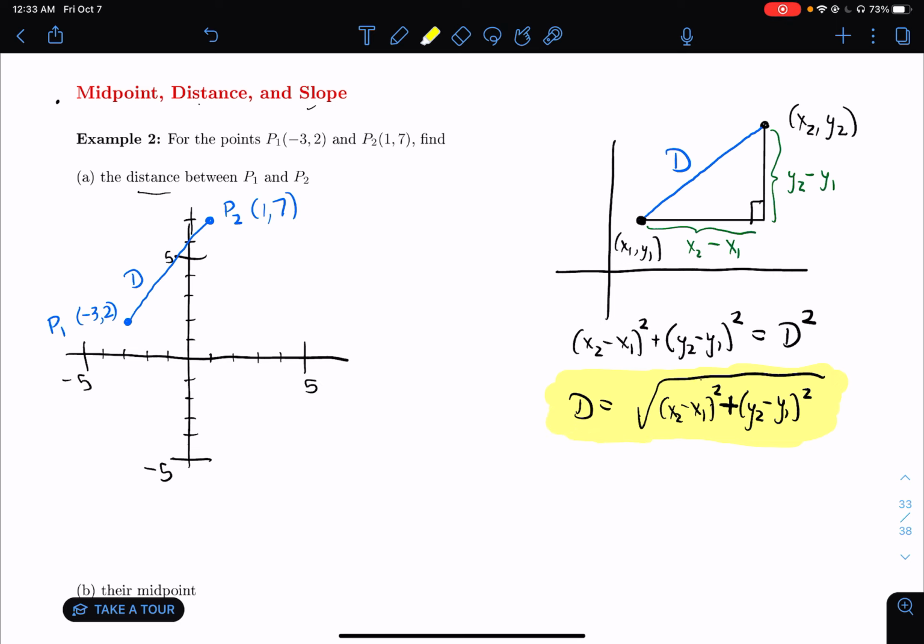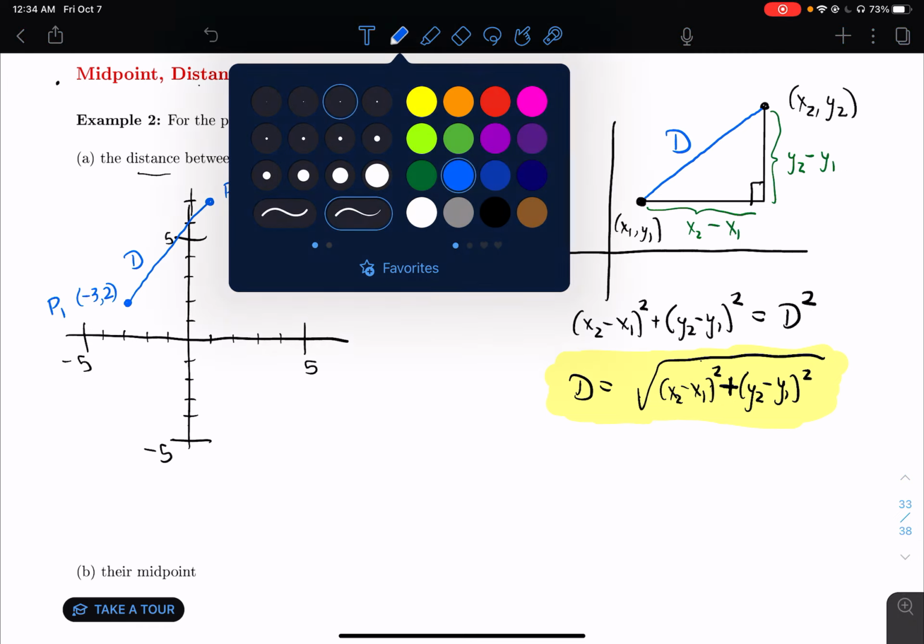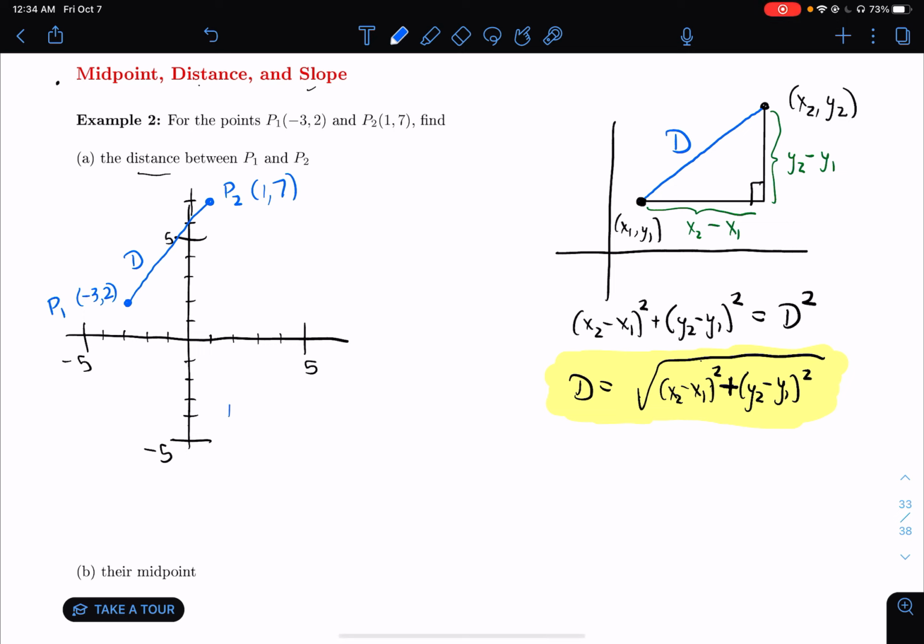Okay, so let's apply this to our example and compute the distance. My distance will be a big square root. Let me write down the distance formula: x2 minus x1 squared plus y2 minus y1 squared.